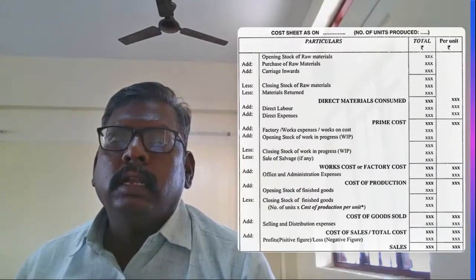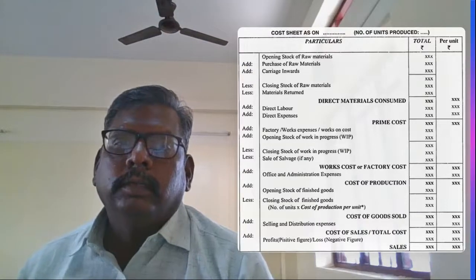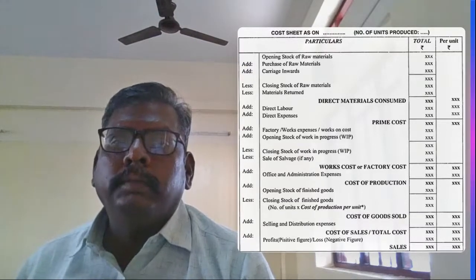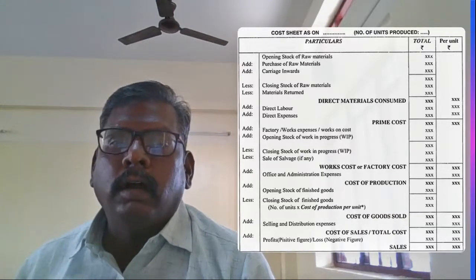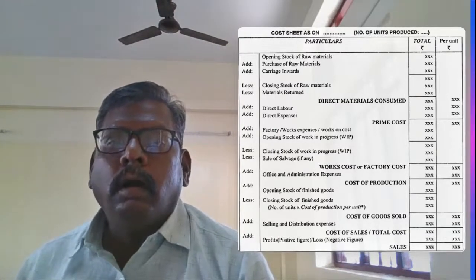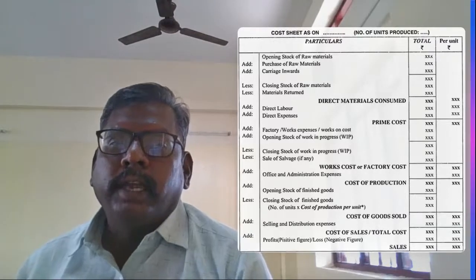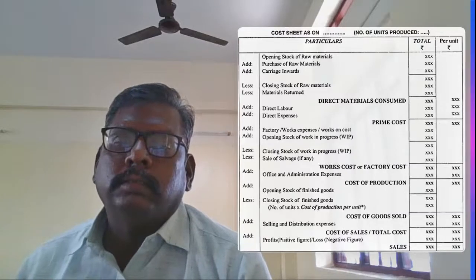Direct cost is nothing but the prime cost. Indirect costs are the factory cost, the administrative cost, the selling and distribution cost, or a combination of factory cost, administrative cost and selling and distribution cost.